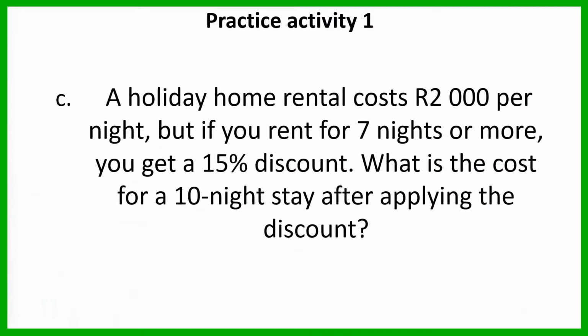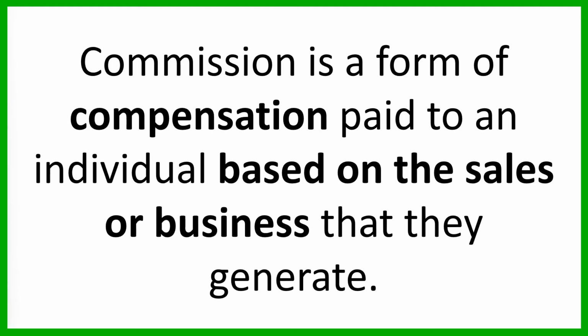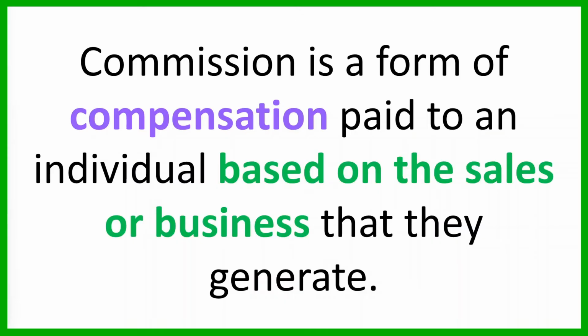Right, now we're going to go on to commission. Okay, commission is a form of compensation. So in other words, somebody gets money for doing something. So it's compensation paid to an individual based on the sales or business that they generate. Okay, so when you have somebody who's being paid on a commission basis, then the amount that they get paid isn't fixed.